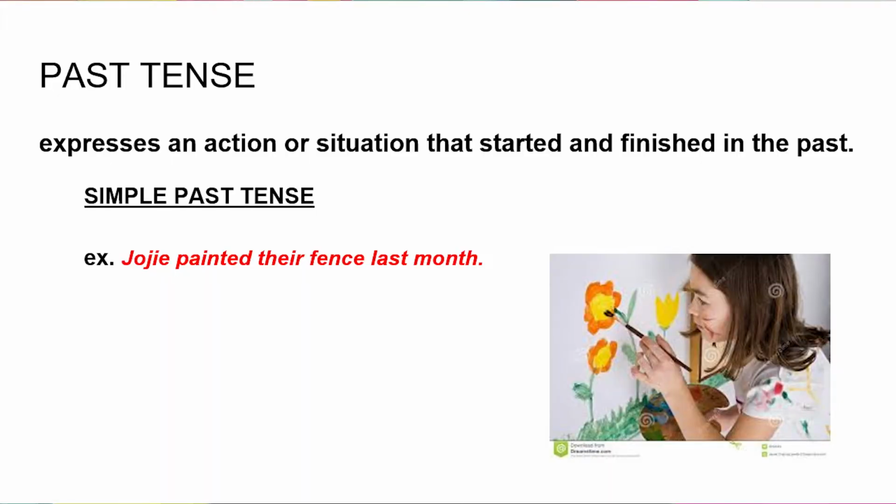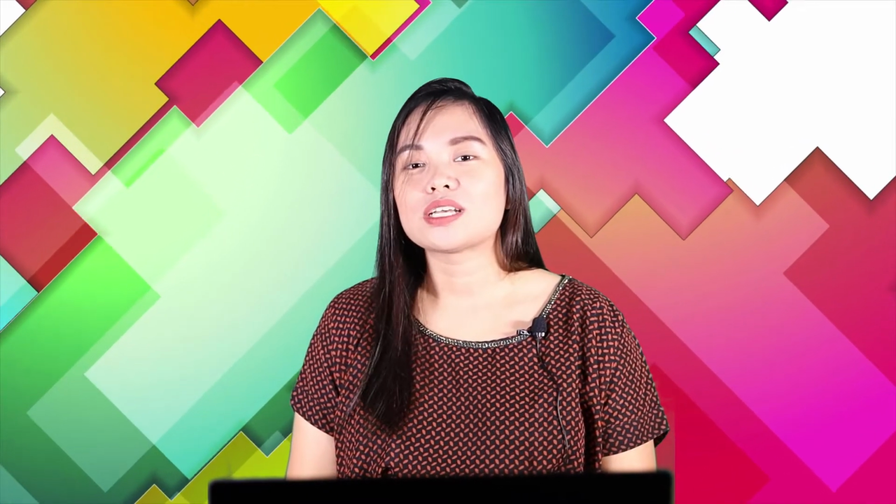For example, Georgie painted their fence last month. Take note of your time indicator. Your time indicator is last month, meaning that is when you will know if it happened in the past, in the present, or in the future. And in the sentence, Georgie painted their fence last month, it was last month that Georgie painted their fence.